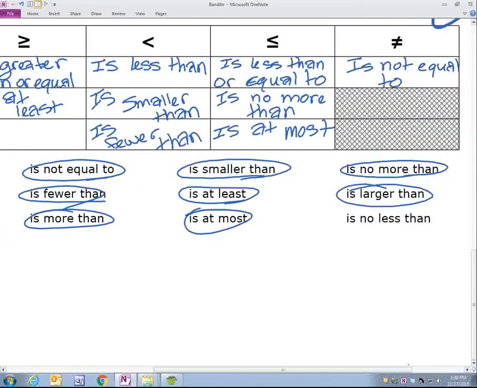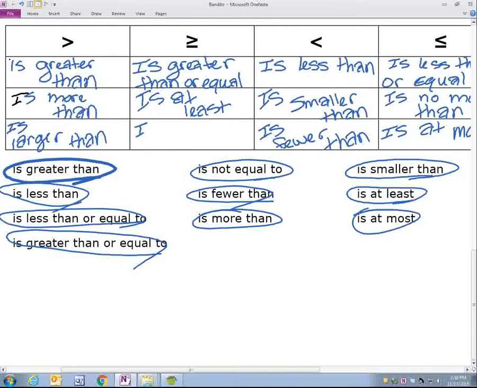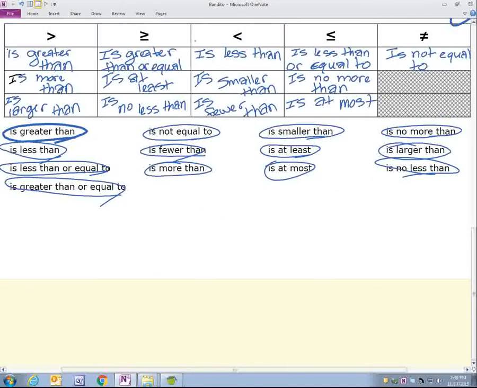And last but not least, is no less than. So there's all of them right there. Freeze that for you.